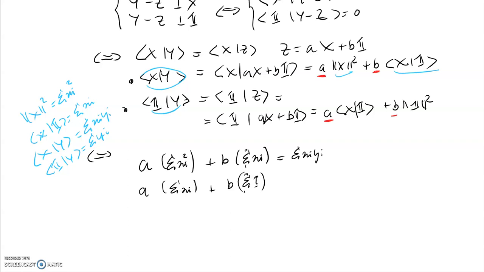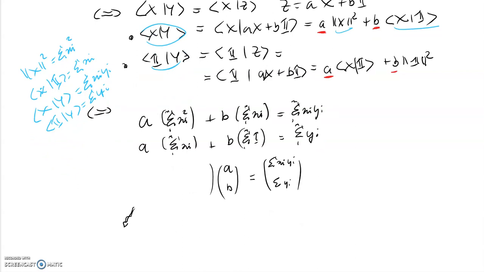All my sums go from 1 to n, n being my number of observations, and that's equal to the sum of yi, i from 1 to n. So basically you've got a matrix equation.